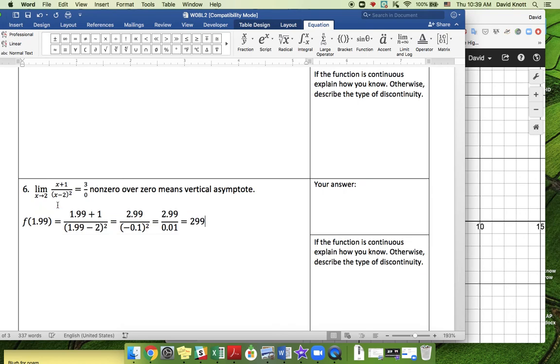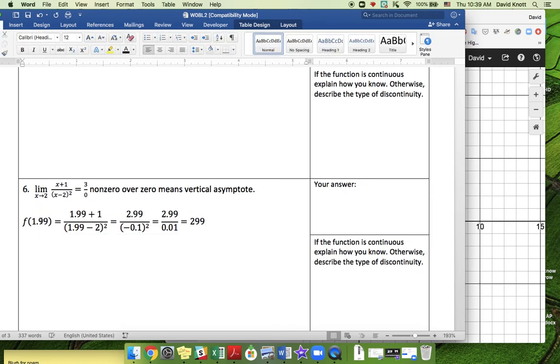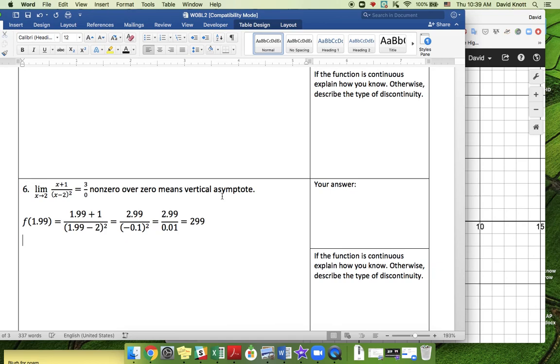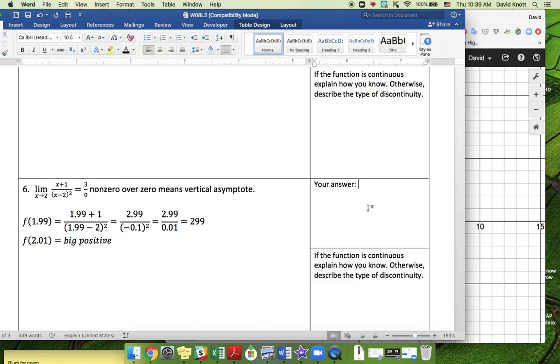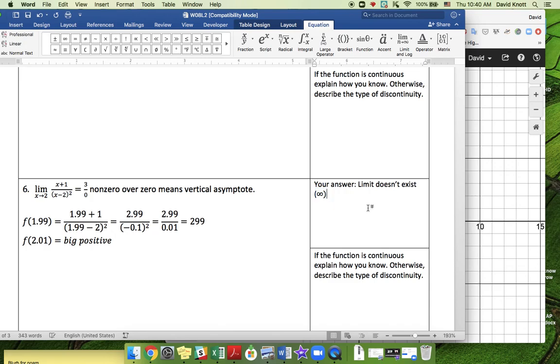So that's a big positive value. As you approach from the left, the function goes to positive infinity. What if you approach from the right? Plug in a value just to the right of 2, like 2.01. I'll skip the arithmetic. You also get a big positive number. So it's going to positive infinity in both directions. So the limit doesn't exist, and it's giving us positive infinity in both directions.